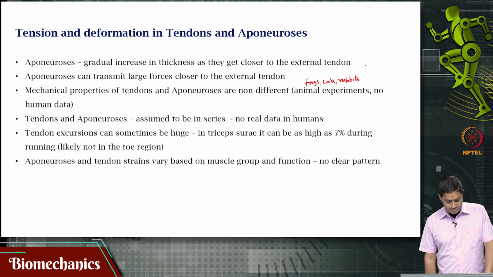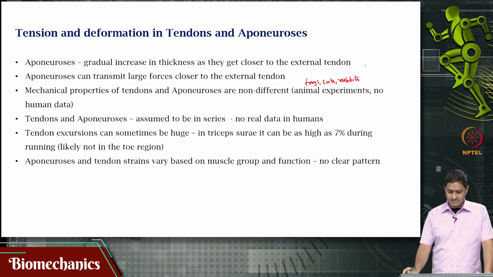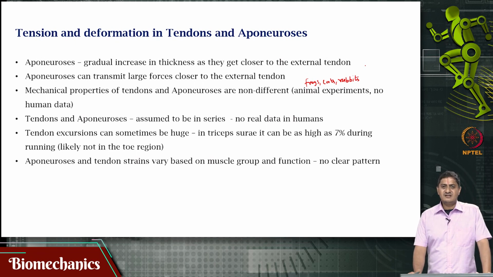But people have performed some experiments where they tested if the tendons and aponeurosis behave as if they are in series, and based on that, there is some evidence to suggest that they are indeed in series, they behave as if they are in series. Of course, this is not human experiments, these are animal experiments, but you can try to see if you can generalize this. Usually these are generalizable.